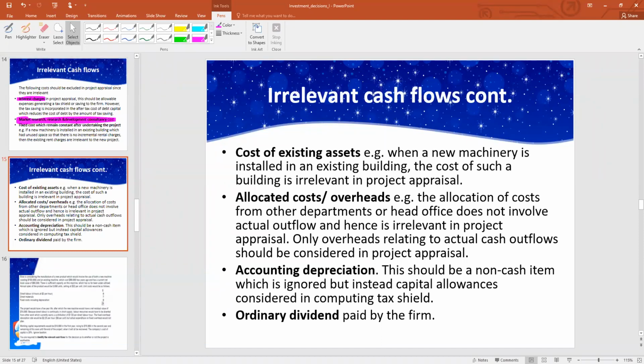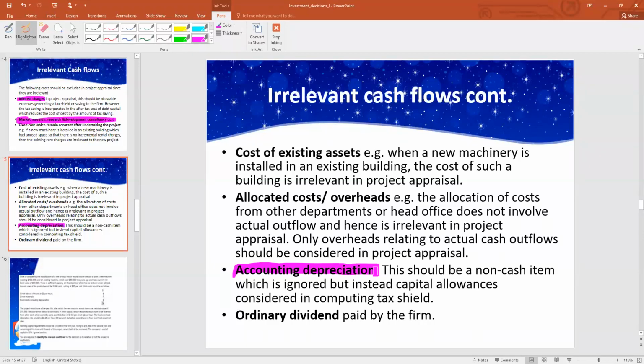Then we have accounting depreciation. It is also irrelevant. Why? Because what is depreciation? It is an allocation of cost over the life of the asset. You bought a machine costing 10 million, so every year you depreciate 10%. You are simply allocating that 10 million over the life of the investment.